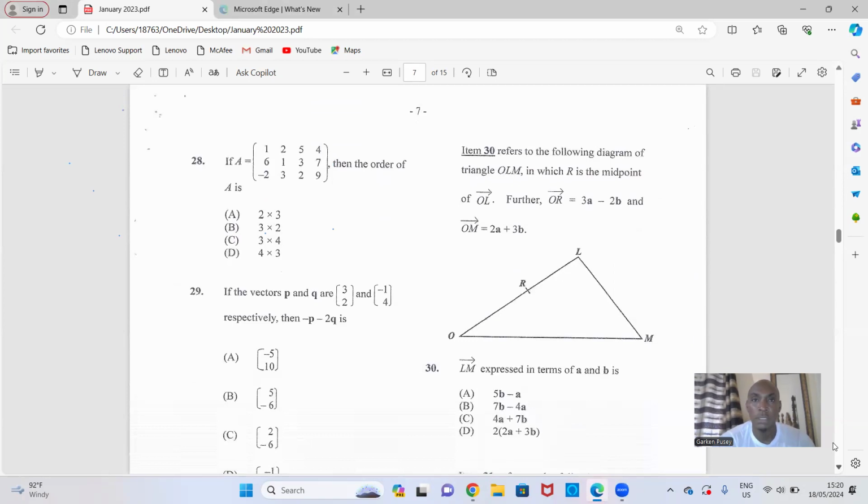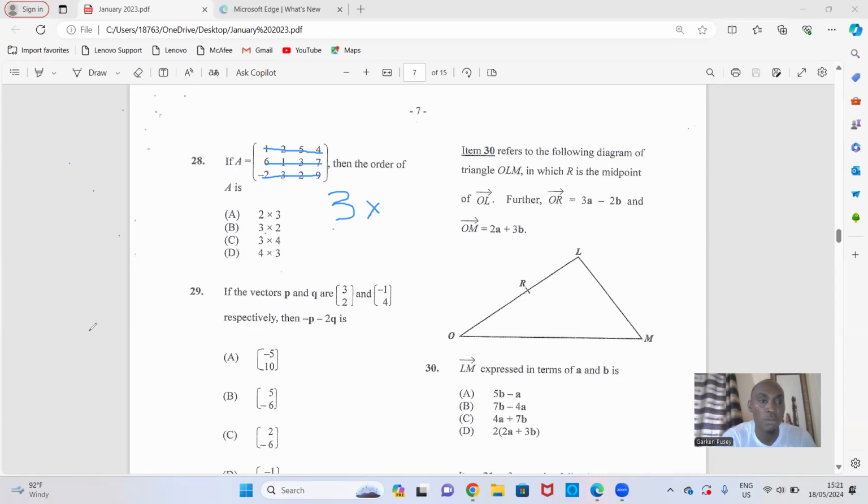Question 28. Let's look at matrices. So it says if A, so this is a matrix, and the order of a matrix means the number of rows. So this has 1, 2, 3 rows. So you first write the number of rows, then the multiplication sign.